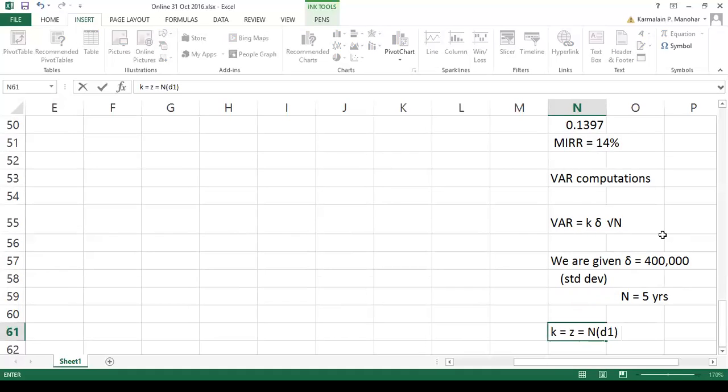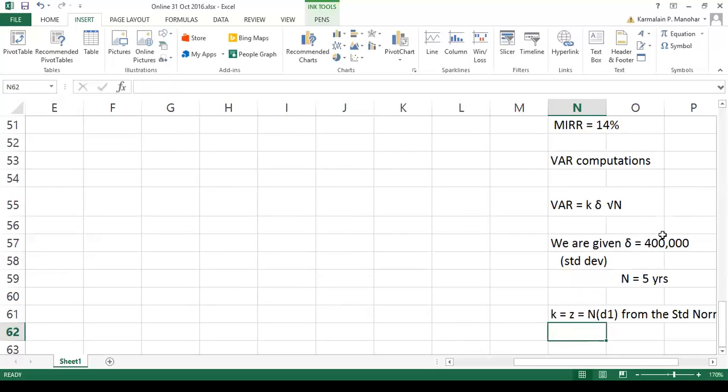Oh yes, Anita, that's what I'm describing now. So this is what I like to call the z value, or the ND1 value, and it is from the standard normal tables. So this is where we'll need to go to the standard normal tables and find that.